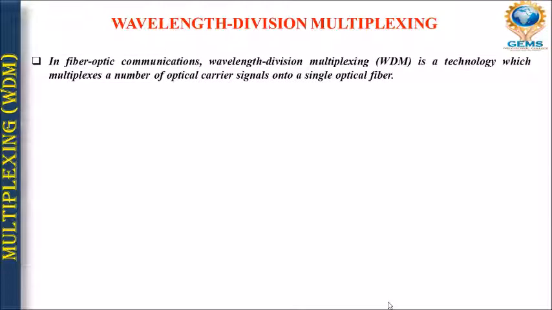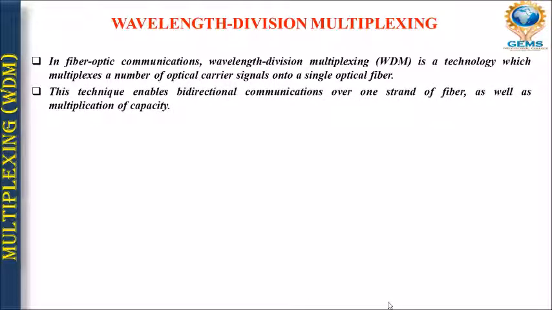In fiber optics communication, this is a technology which multiplexes a number of optical carrier signals into a single optical fiber. This enables bi-directional communication over one strand of fiber as well as multiplication of the capacity.